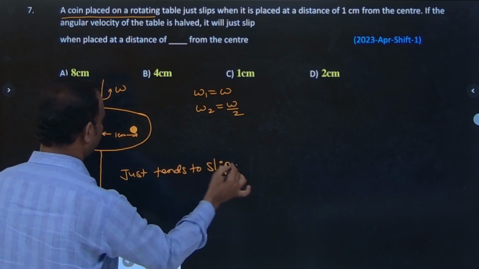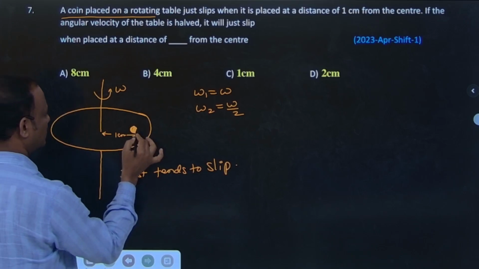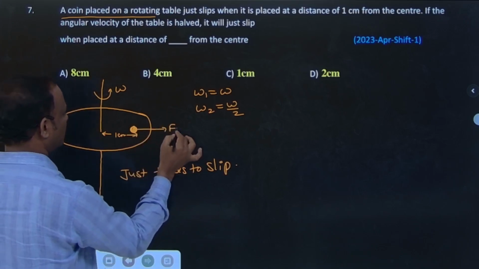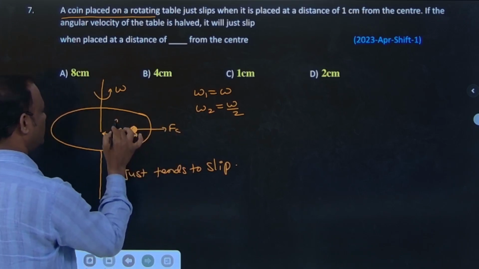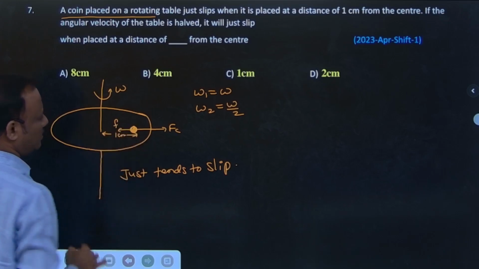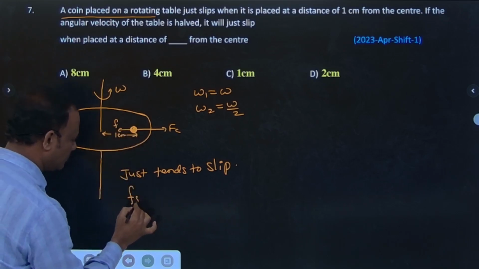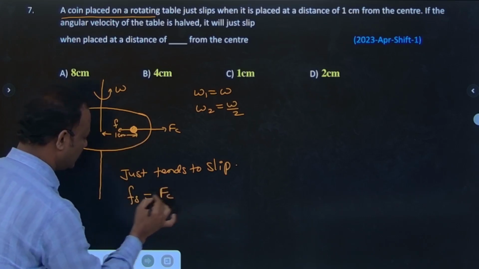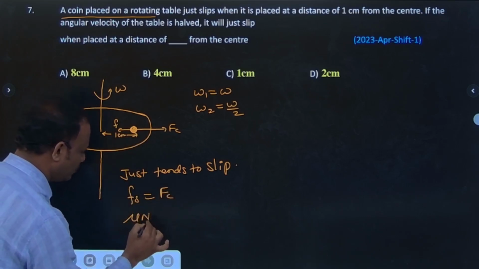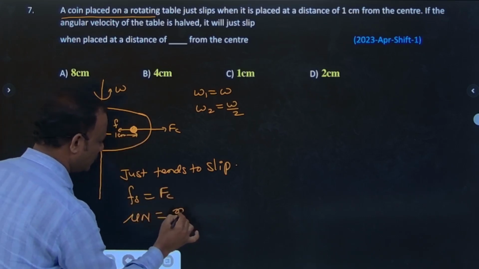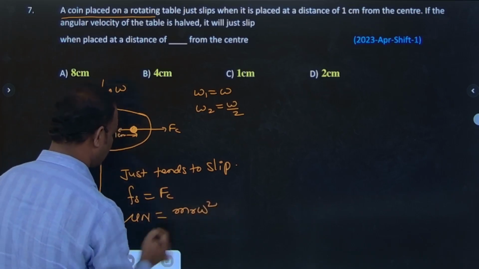Tends to slip means that at this position, the central force should be balanced by the frictional force. So Fs is equal to Fc. Fs means mu into N is equal to m r omega square.